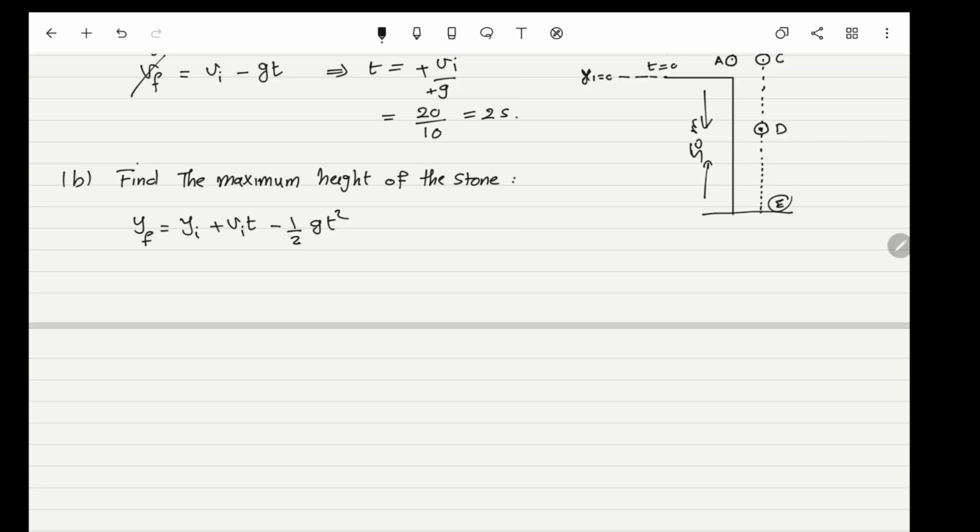So Y final equals 0 plus V initial, 20, times the time required to reach maximum height, 2 seconds, minus half G, which is 10, times 2 squared. Simply, Y final equals 20.4 meters.